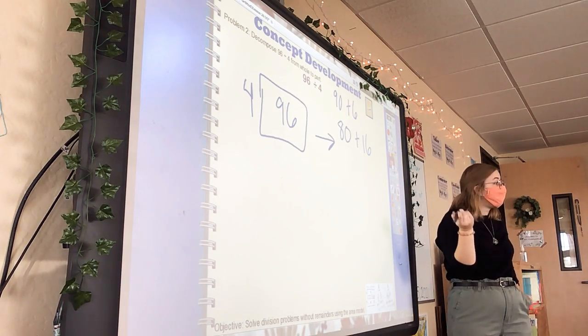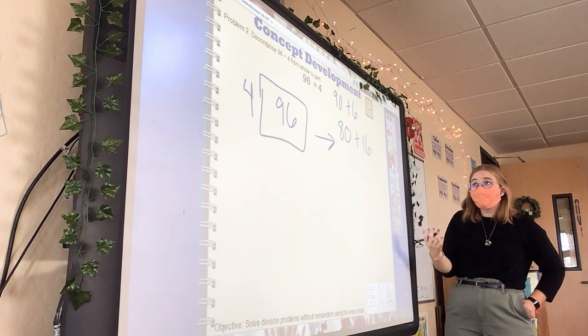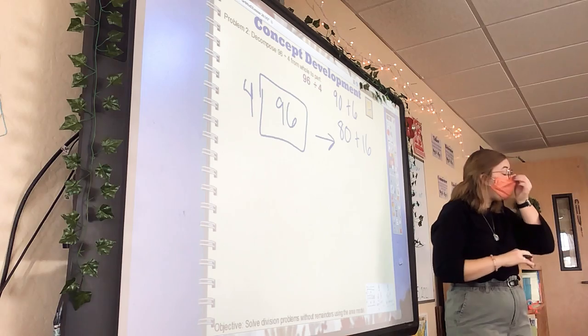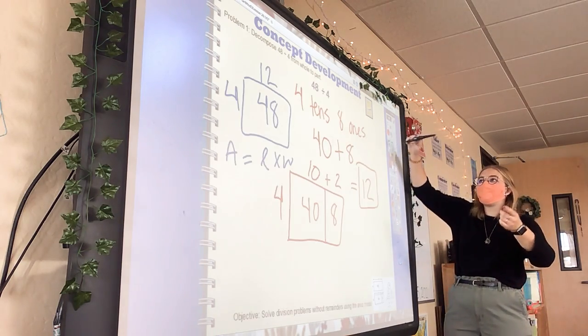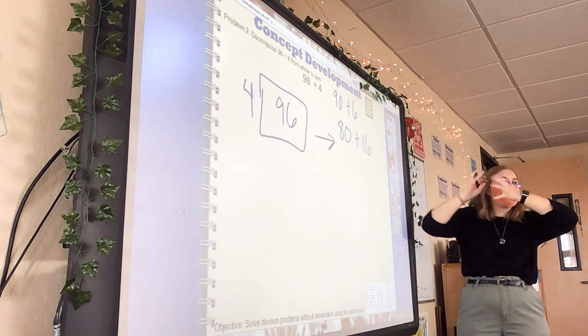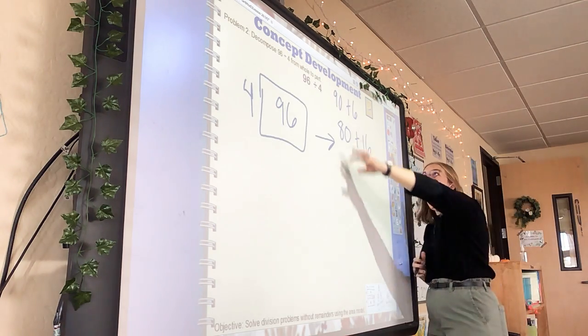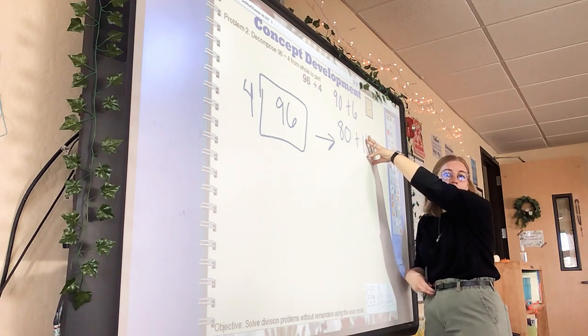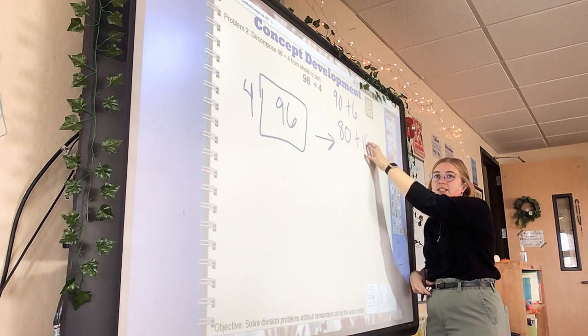Yes. Okay. So I can actually split up this number in a different way as well. I can do it with expanded form like we did in this problem, right? But if that doesn't work, I can move values around. So I took 10 from over here and I moved it to my ones place, to make it a little easier to divide.